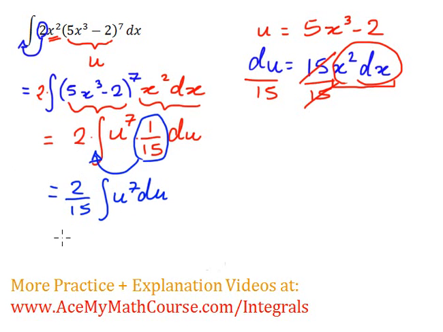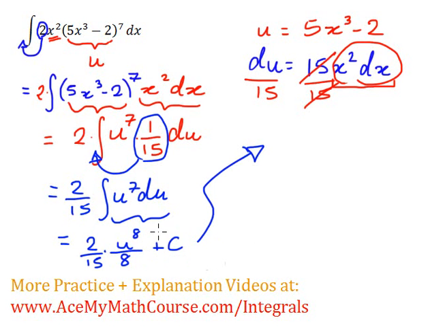Okay, so now integrating this, we can add 1 to the 7. So we're going to have u to the 8. And we divide this by 8. We're still multiplying it by 2 over 15. And we need to add a constant, just c. Great, look at this, it worked out nicely.